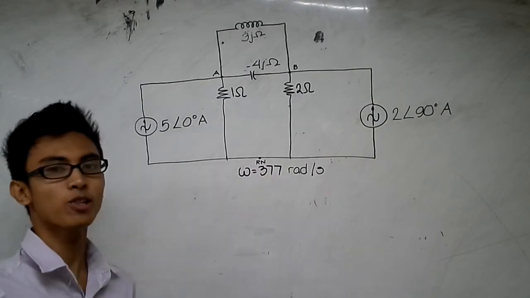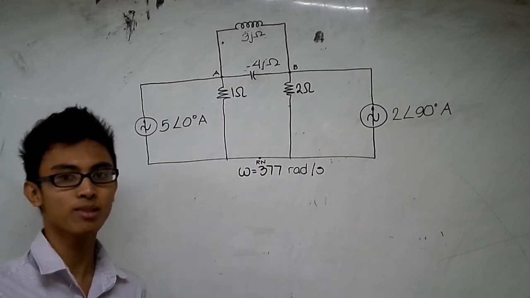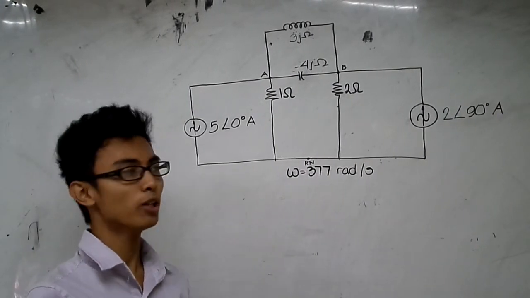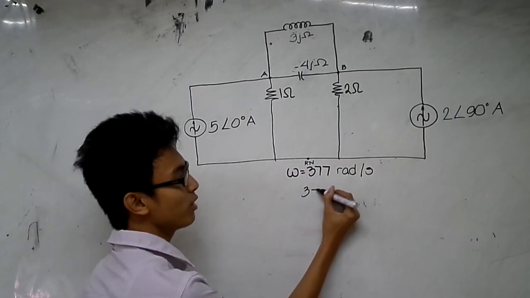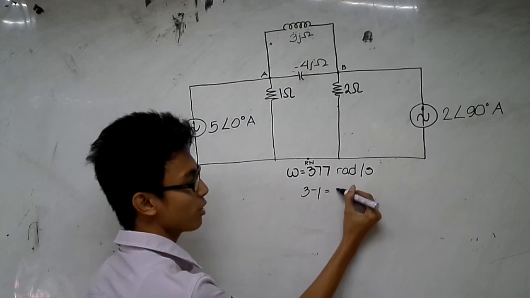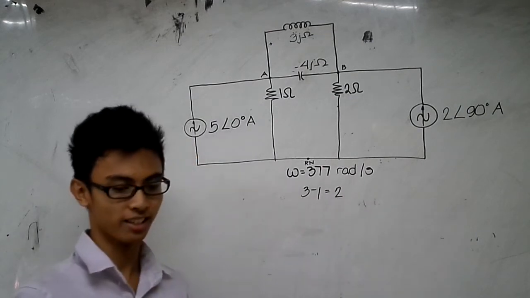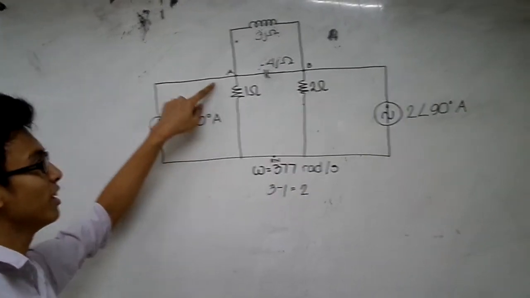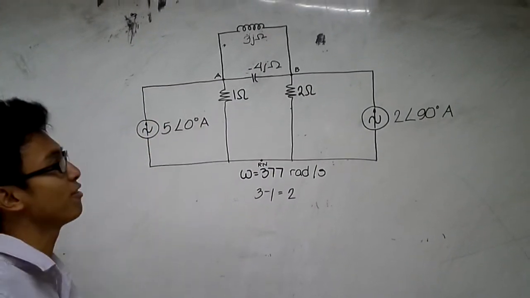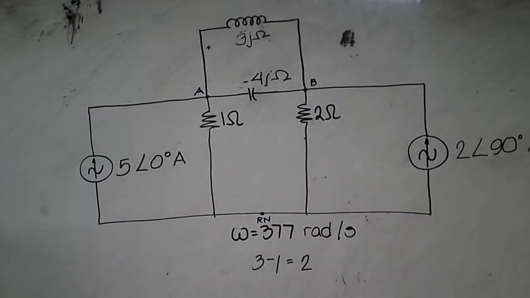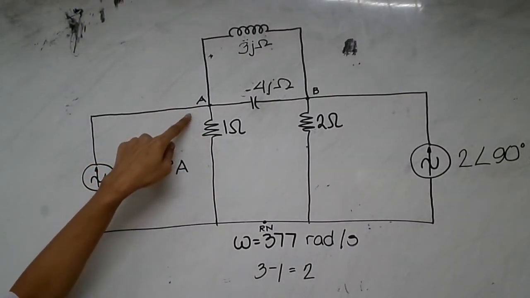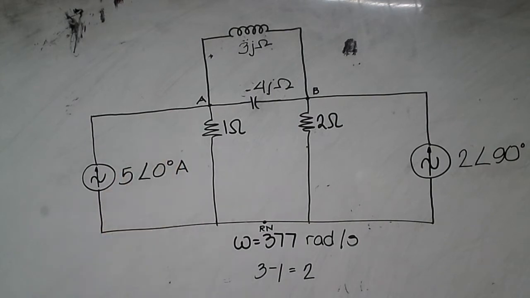The number of equations will depend on the number of nodes minus 1. Since we have 3 nodes, we're going to have 3 minus 1 equals 2 equations. First, we're going to calculate the current entering and leaving node A by using KCL.